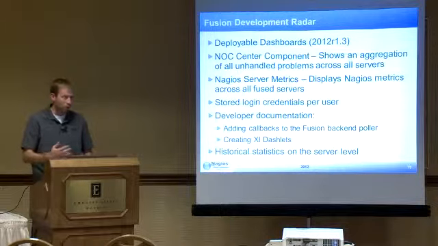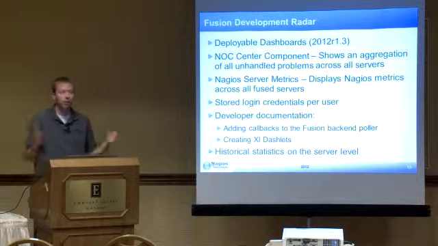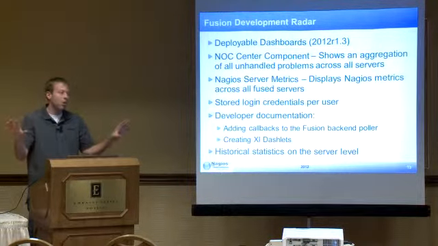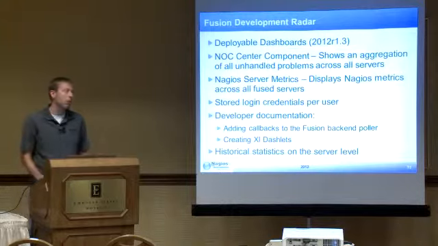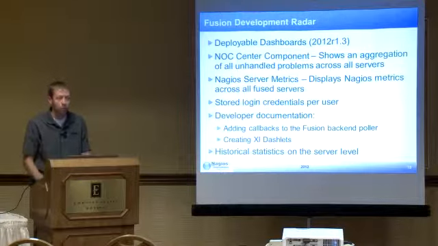Several people have wanted that in Fusion across all of their servers, so they can just blow it up on one big screen. They want to see all the problems on all machines on one screen. So that one will be coming hopefully fairly soon for Fusion as an add-on component.